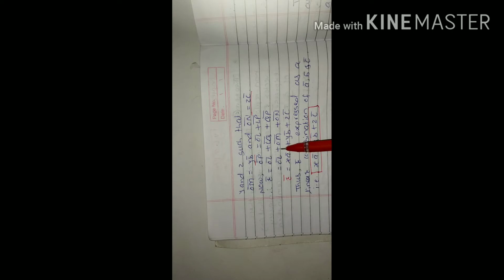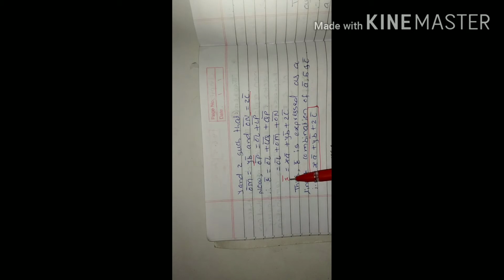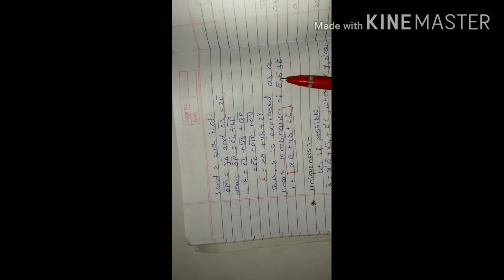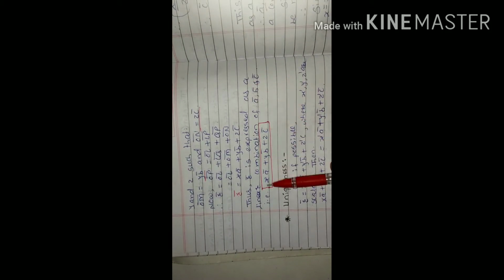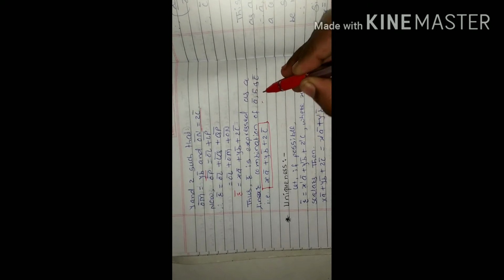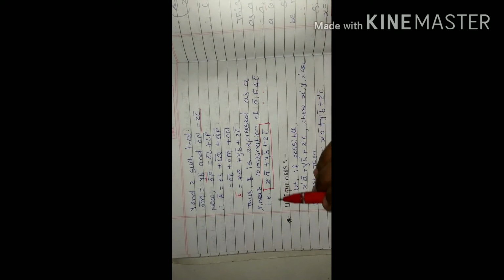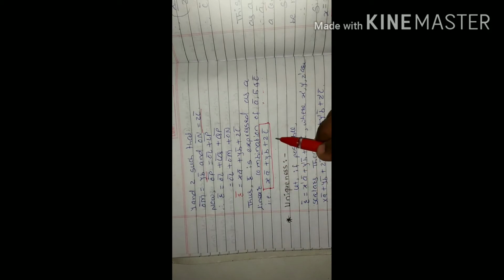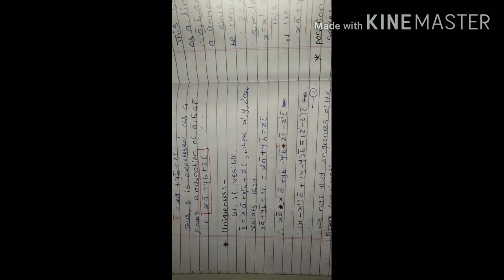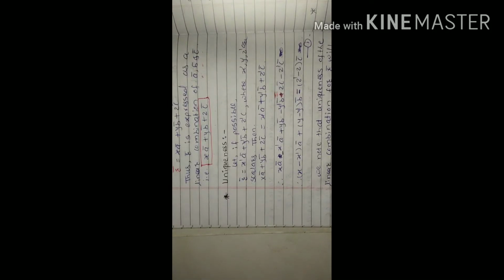Then OL bar plus OM bar plus ON bar, that is the values above. Therefore, the resultant vector r bar is equal to x a bar plus y b bar plus z c bar. Thus, r bar is expressed as a linear combination of these three position vectors, that is a bar, b bar and c bar. That is, we denote x a bar plus y b bar plus z c bar. Now we show that it is a unique resultant vector.